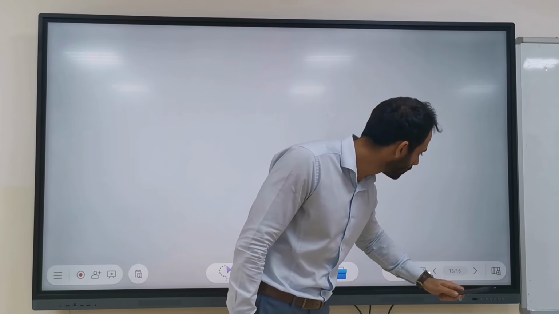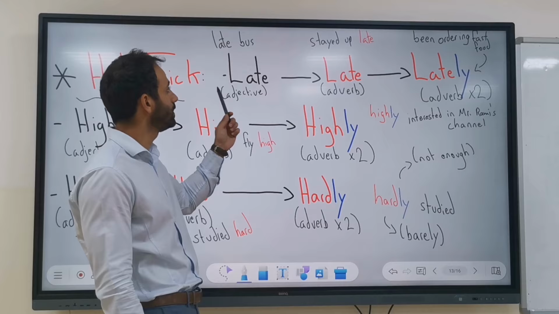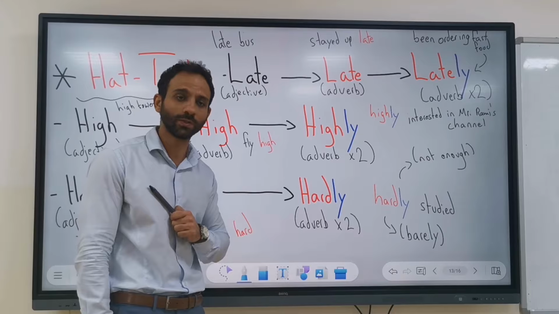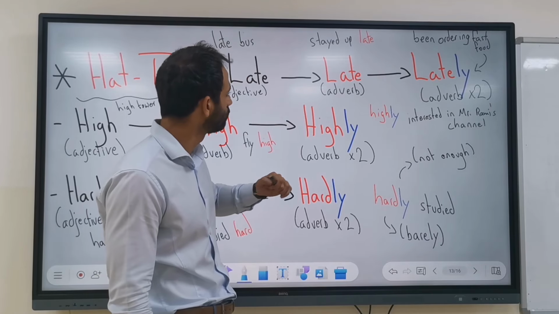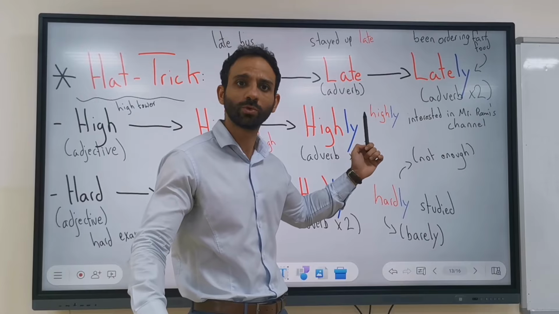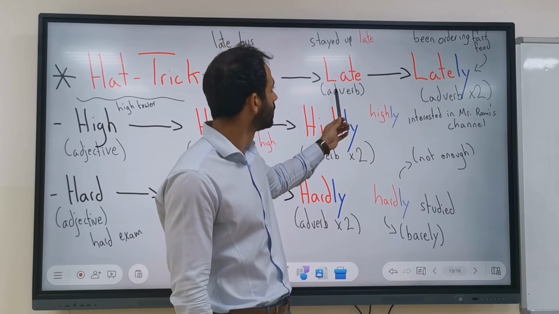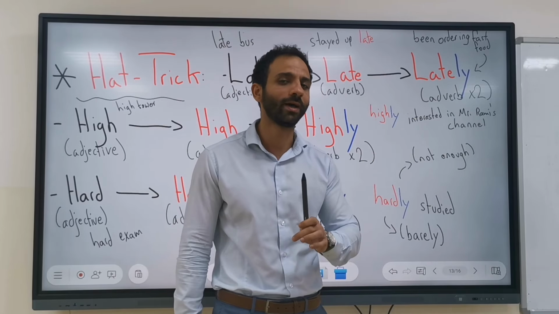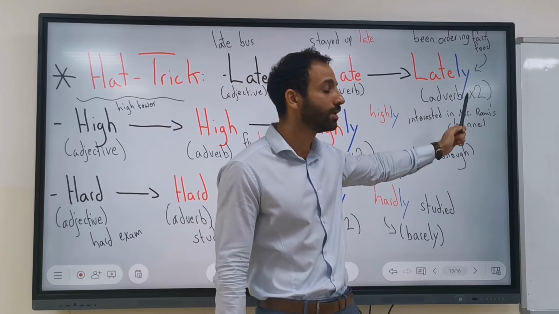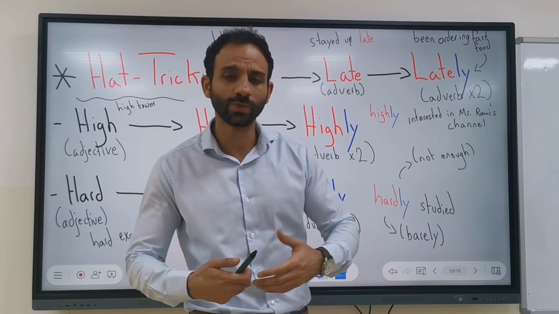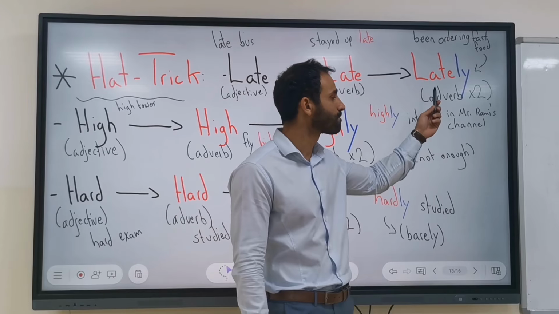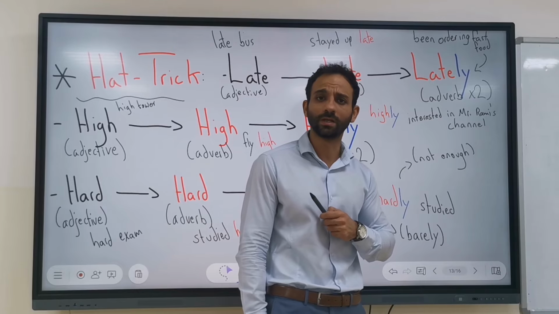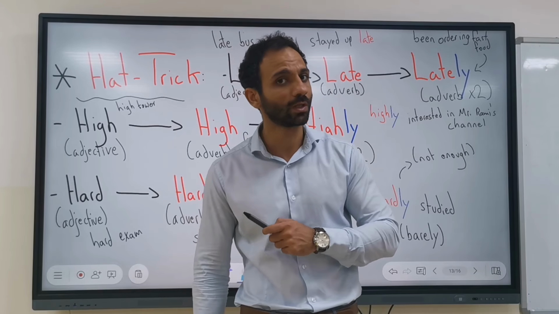And Mr. Rami, you are doing this one. And these are also part of the confusion slides, and you have to pay very good attention to this one. Late, like any other adverb or adjective, takes ly. However, this ly changes the meaning. It produces a different adverb, an adverb with a different meaning. Lately. I haven't eaten pizza lately, which means recently.